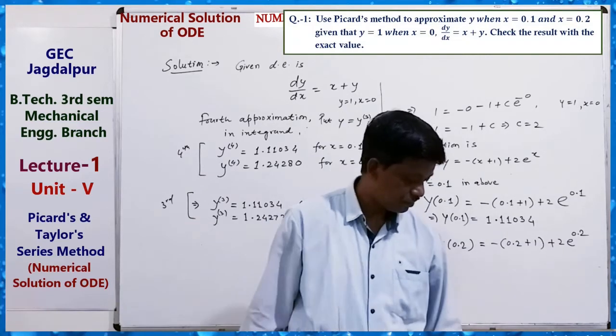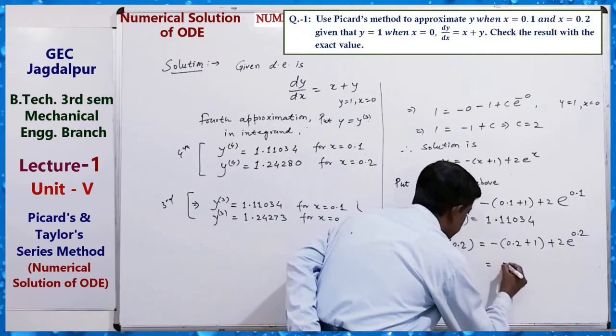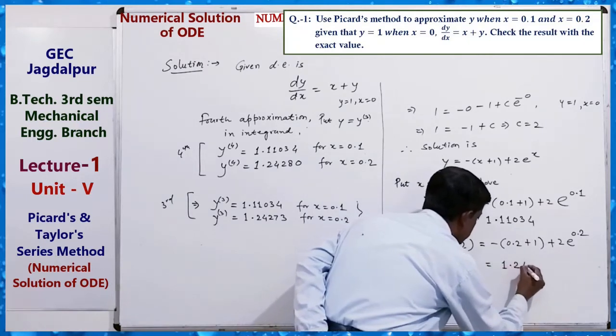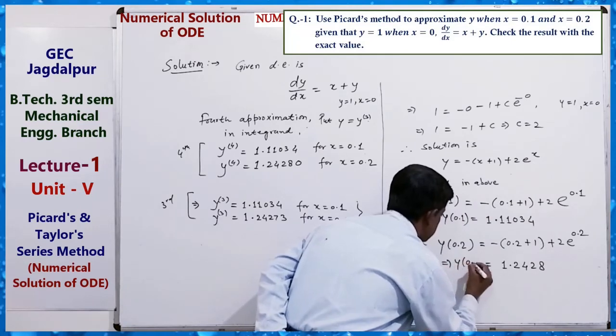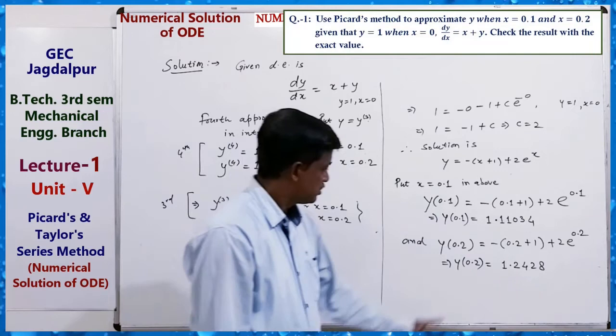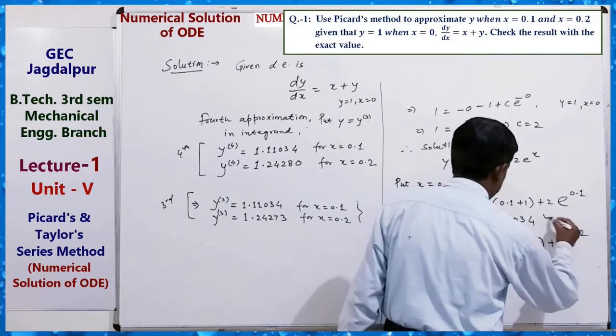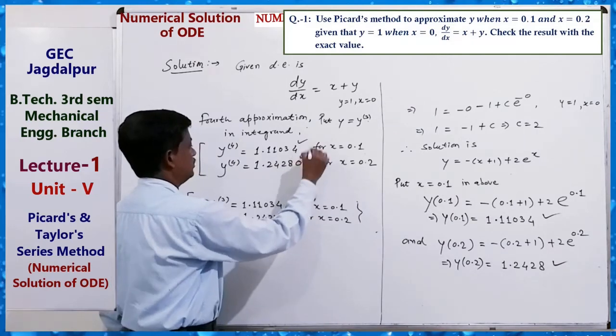Clear? This gives 1.2428, just like this value. Just use a calculator and you can get the value. So these two values are nearly the same.